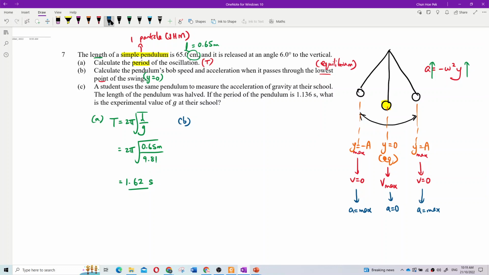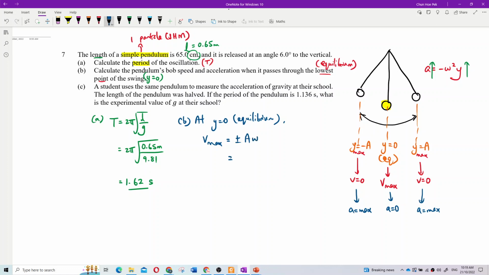Okay. So at Y equal to 0, equilibrium, V is maximum. Positive or negative is fine. A omega.